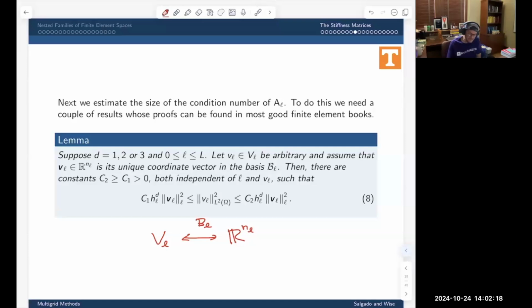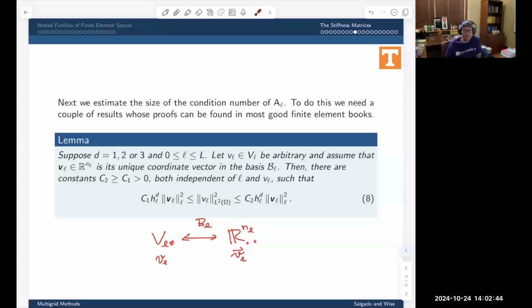Because any function we take that lives over here that we call VL, without any arrow or bold facing, has a unique representative over in this space that is just some vector. And they're connected through this basis representation. So there's a one-to-one mapping between these functions. So we can identify these two spaces with each other.